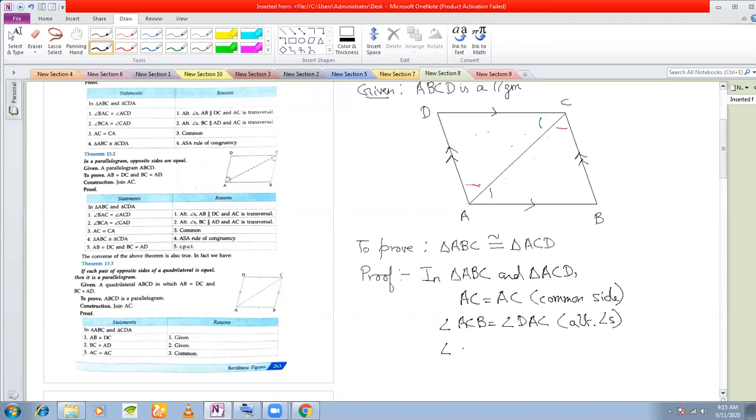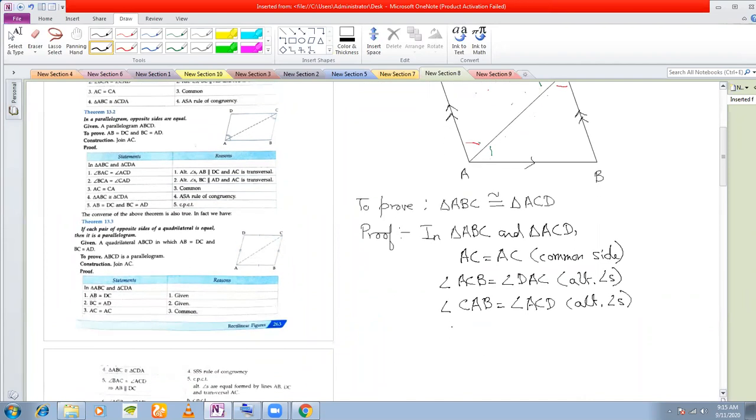Angle CAB is equal to angle ACD. Again, reason alternate angles. Therefore, triangle ABC is congruent to triangle ACD.